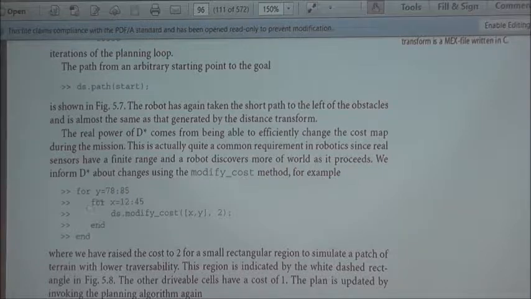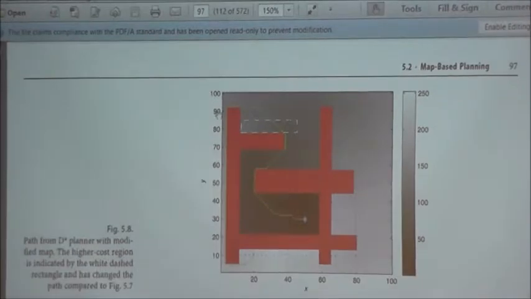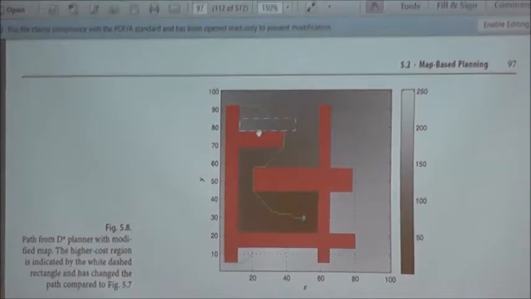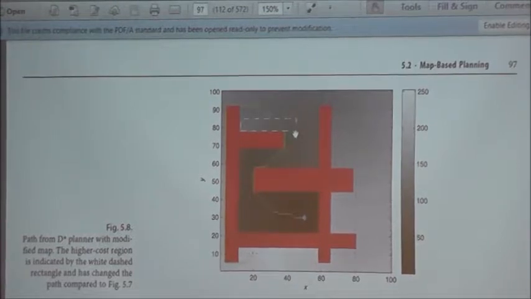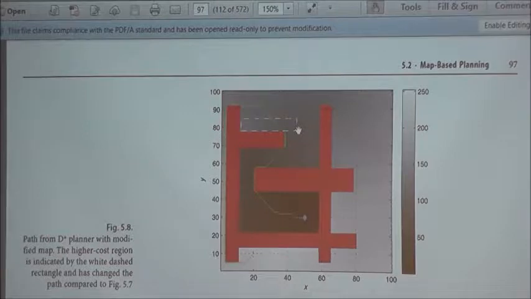For example, let's look at a range of Y, a rectangle of 78 to 85 and a horizontal of 12 to 45. This means you have actually created a zone that is going to be less expensive because you can go directly like that.